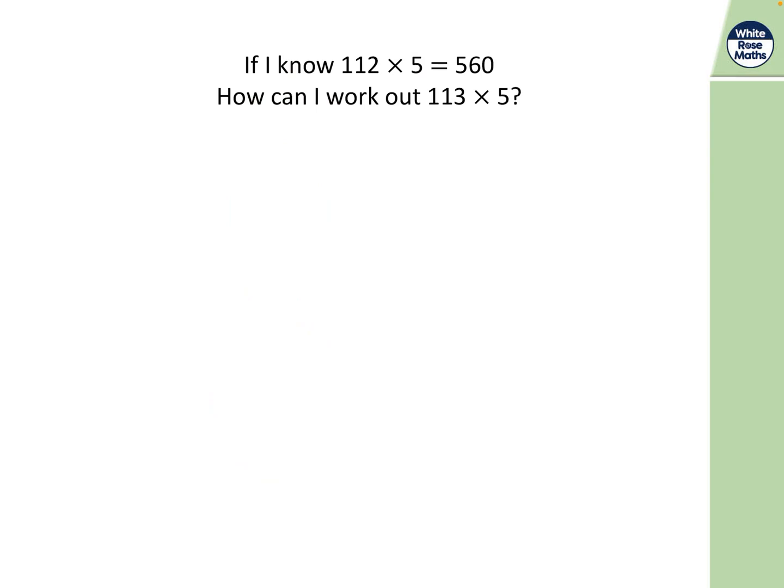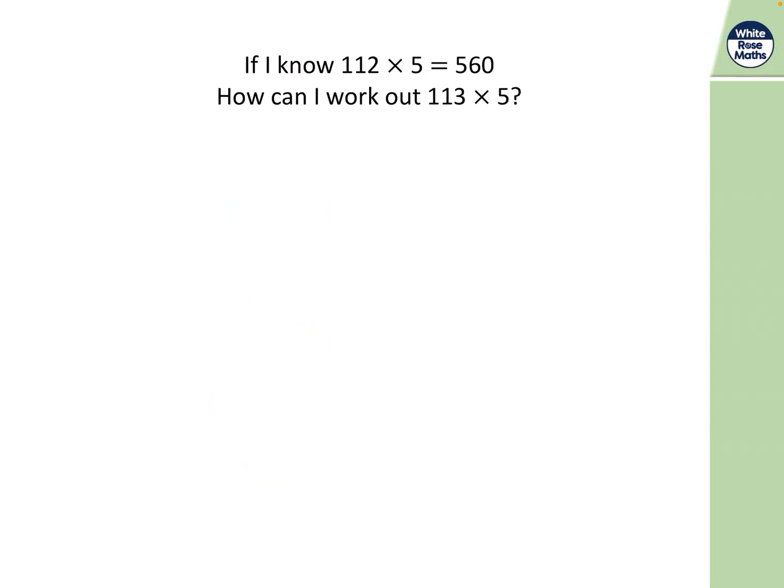So what I also want to go over is using facts that we know. We covered this a little bit yesterday, I believe. Let's have a look. If you know 112 multiplied by 5, how do you use that information to work out 113 multiplied by 5?